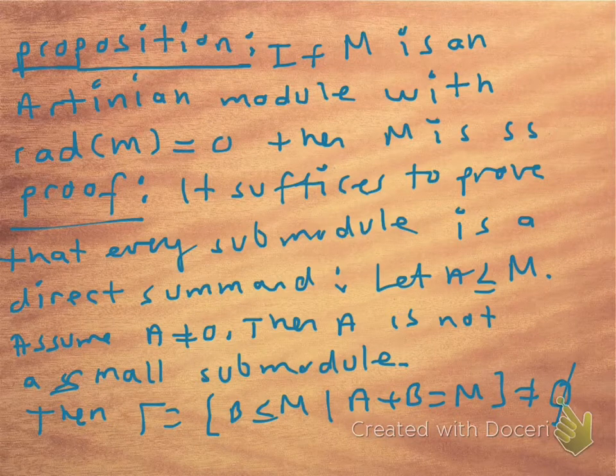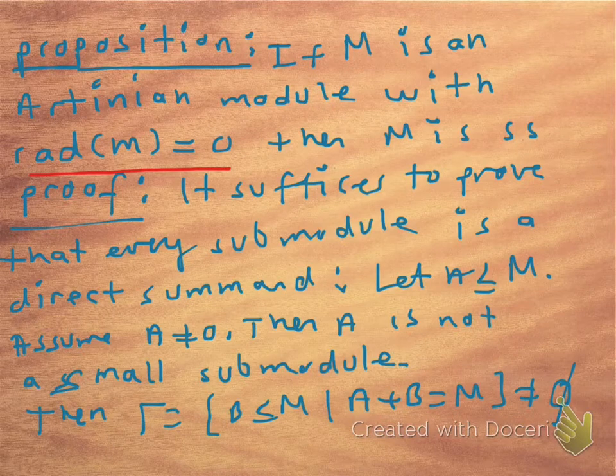So take any submodule A of M, and assume A is non-zero, because if A is 0, then it's already a direct summand. If A is non-zero, then A is not a small submodule, because the module is Jacobson semisimple, right? So it cannot be in the radical.